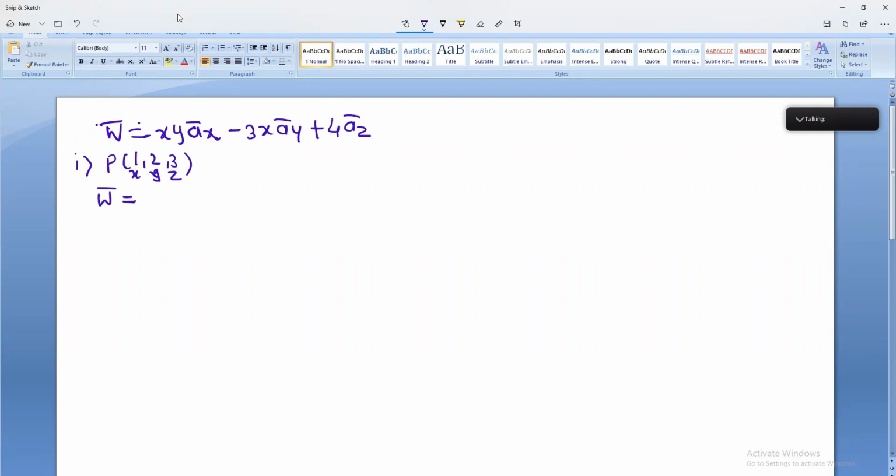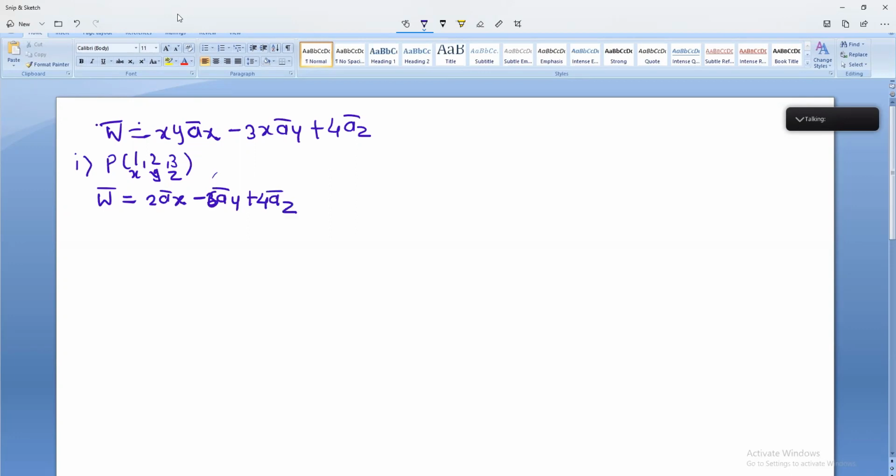So you will get W bar equals 2 a bar x minus 3 a bar y and plus 4, so sorry, it's 3 into 2, that is minus 6 a bar y and plus 4 a bar z.